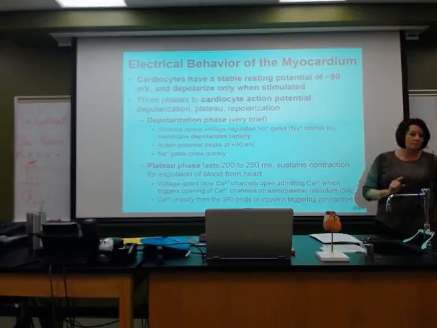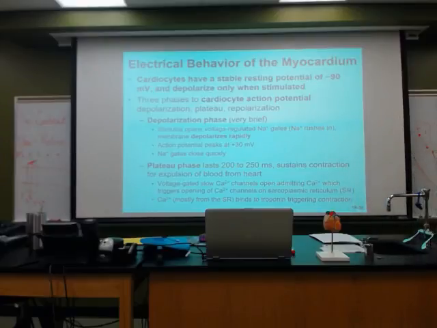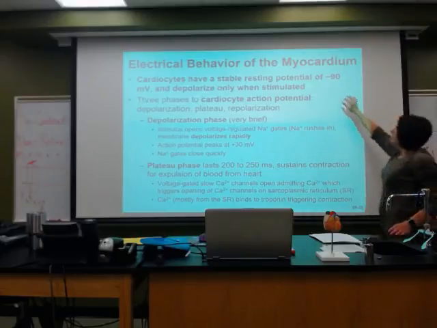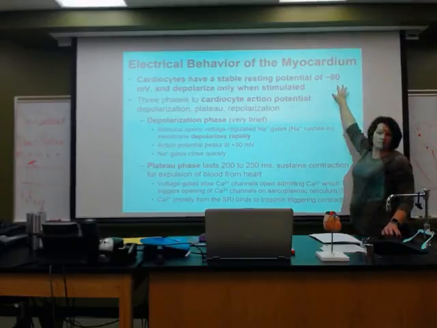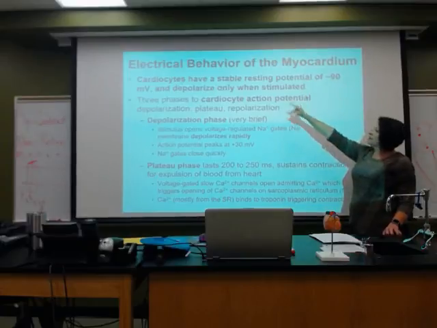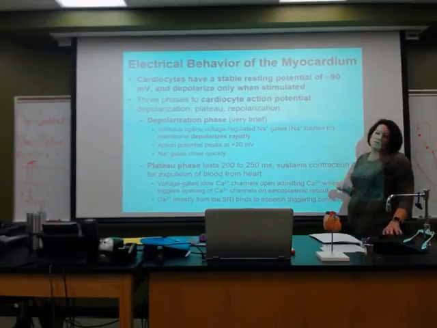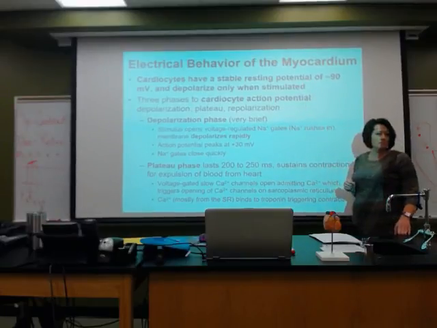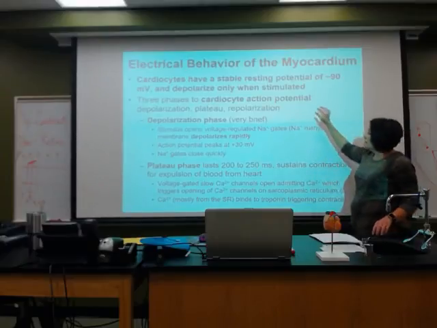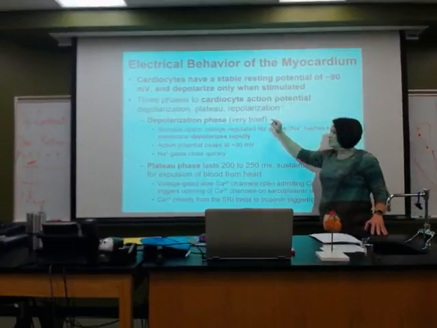The SA node didn't, but the actual working cell, that cardiac muscle cell, is at minus 90 millivolts. They depolarize only when stimulated. That's pretty cool. There are 3 phases.